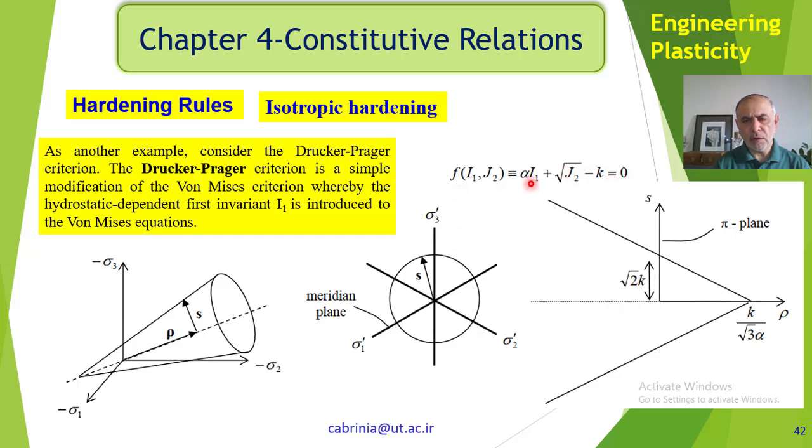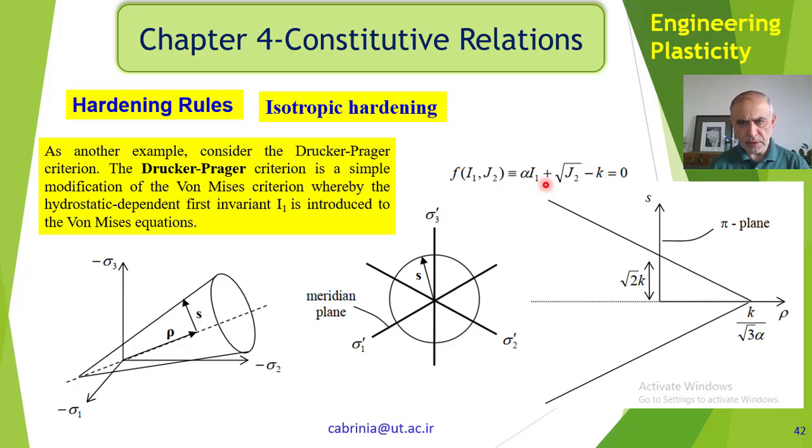So we have this I1 in here, very different from the Mises criteria. We didn't have any I1. In fact, the first invariant is showing the hydrostatic dependent materials, but Mises material and Tresca material are hydrostatic independent.